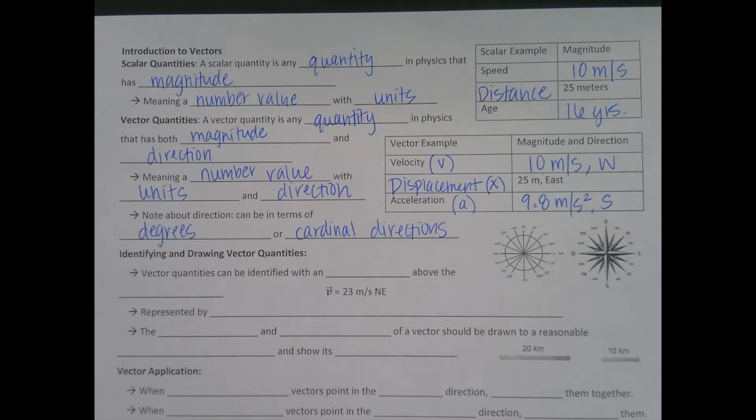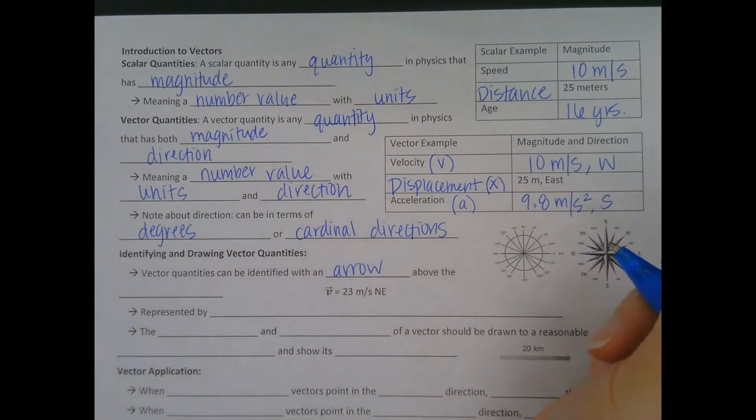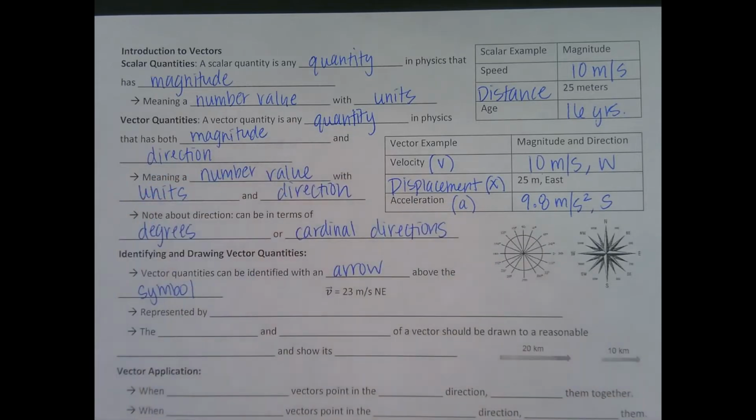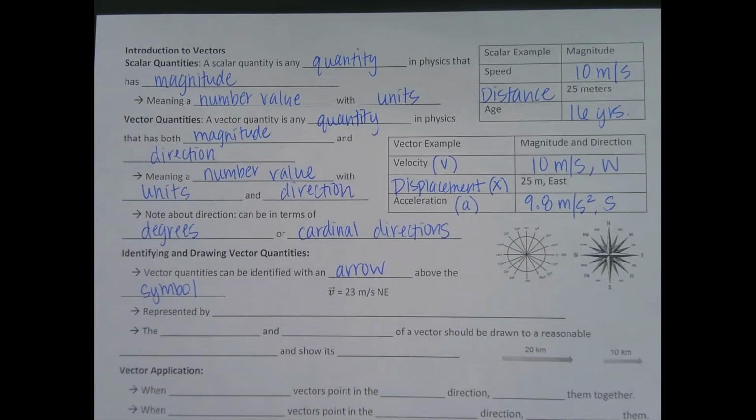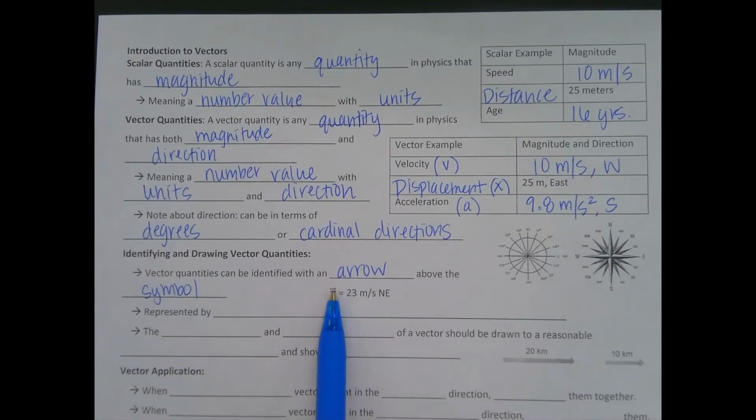Okay, so then how do we identify them? So if I'm looking at a symbol, how do I know I'm talking about a vector? So vector quantities can be identified with an arrow, or really a half arrow, above the symbol. So in this example here, I have a velocity, and you see the arrow above it.